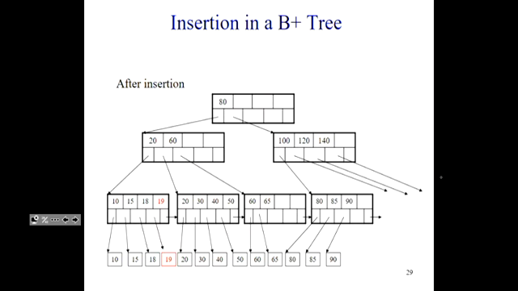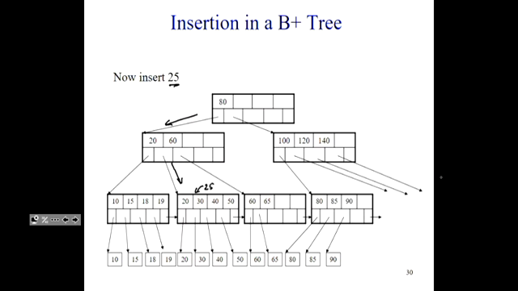What happens when this becomes full? That's the interesting one. So let's say I want to insert 25. Go down this path because it's less than 80. 25 is between 20 and 60, so I would go down this path. Now I want to insert 25 into this. When I try to insert this, I have now more keys than I need, right?